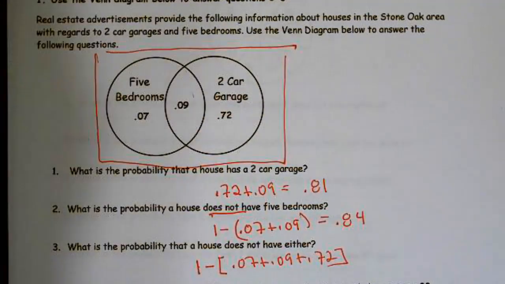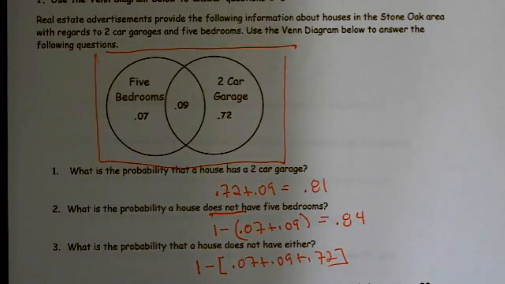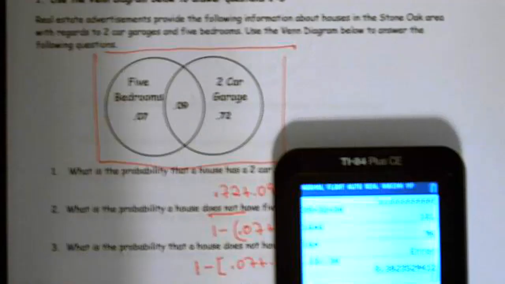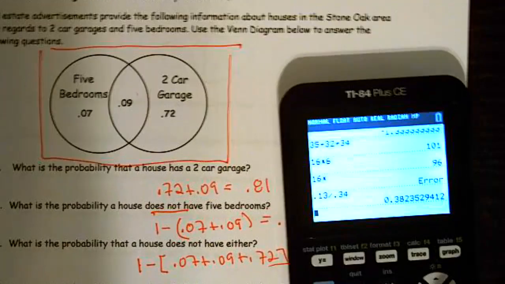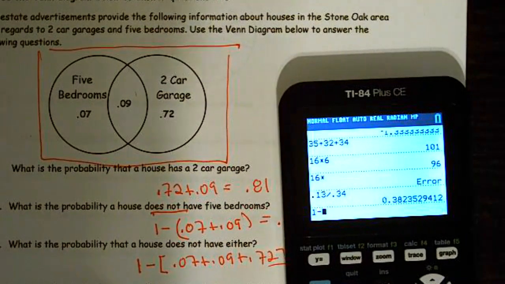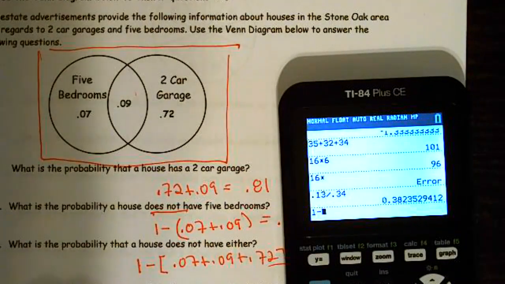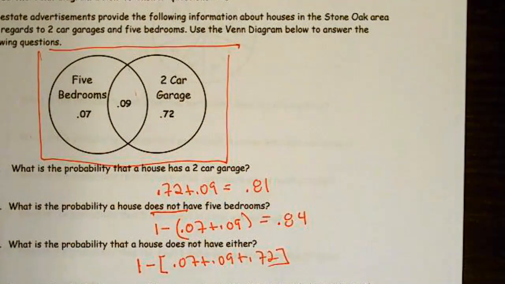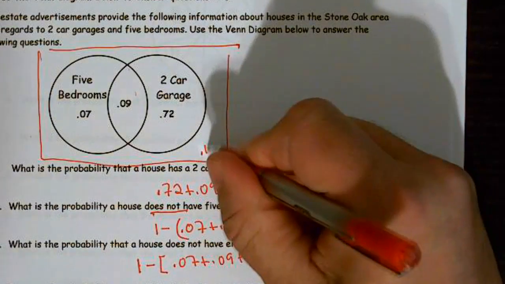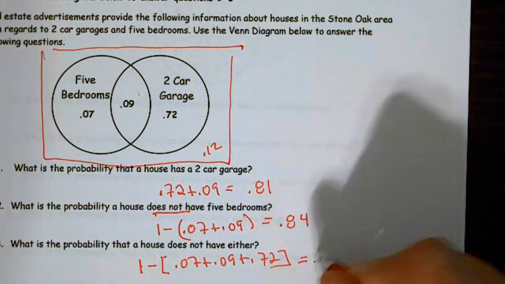And since I'm not trusting my math this morning, I'm going to go ahead and break out my calculator. So 1 minus, and then parenthesis 0.07 plus 0.09 plus 0.72 and close the parenthesis. And I get 12%. So 12% would be what's outside of the circles, and that would be my answer to that particular problem.